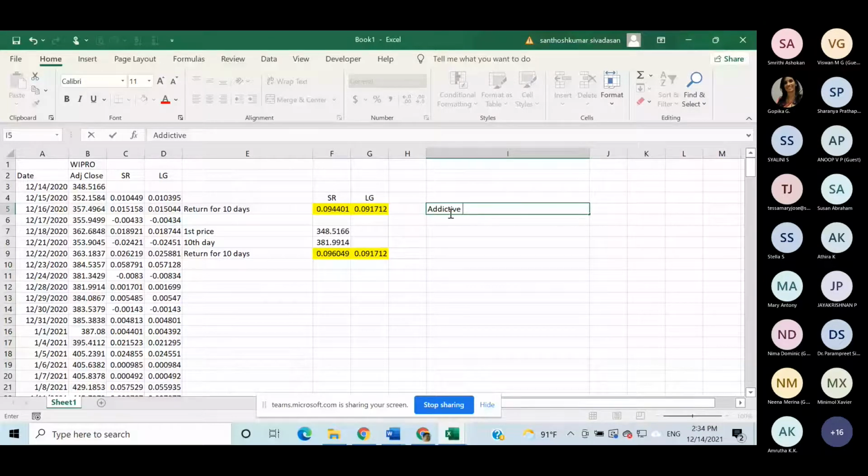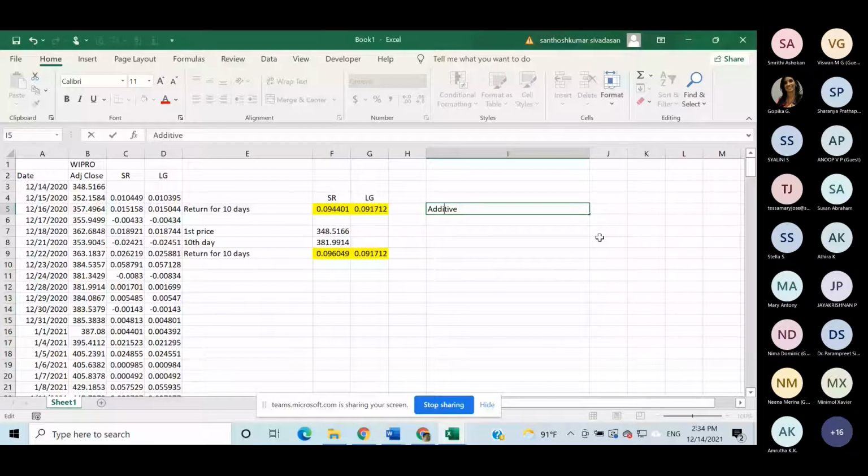One of the superior natures of log return is this additive property. When you compute the price difference between the first day and 10th day and take its natural logarithm to find the return, or if you take the daily returns and take their total, both would be the same. But in the case of simple return, it may not be like that. One superiority is this additive property of log returns.